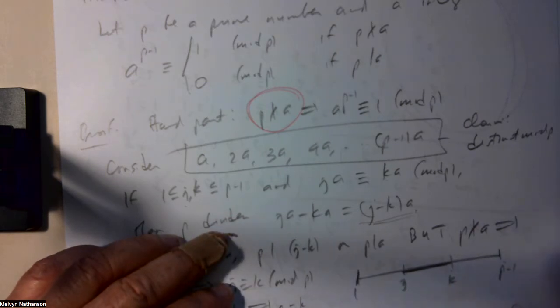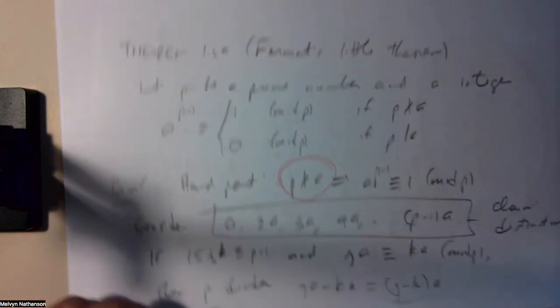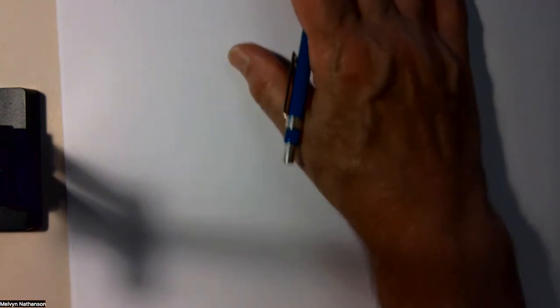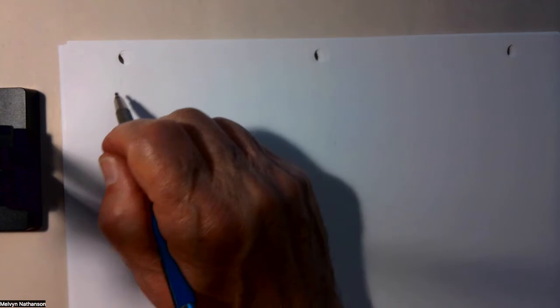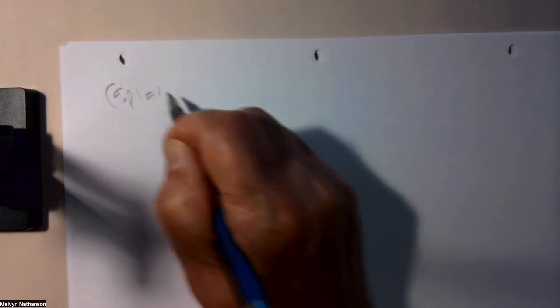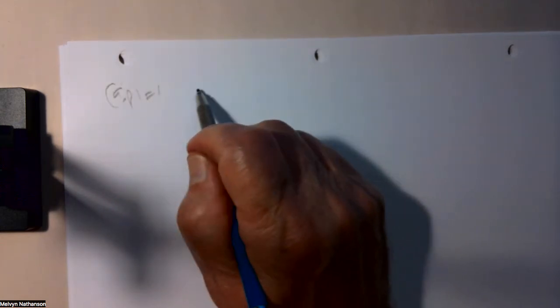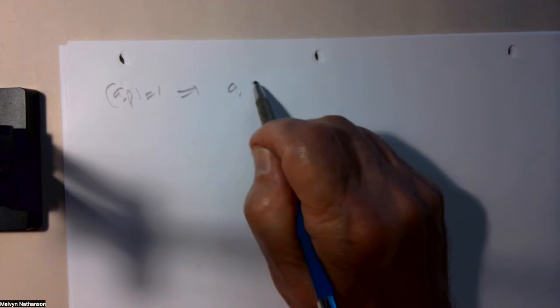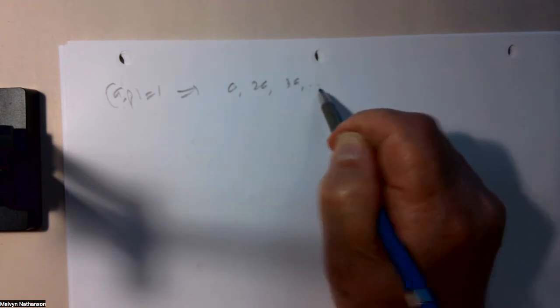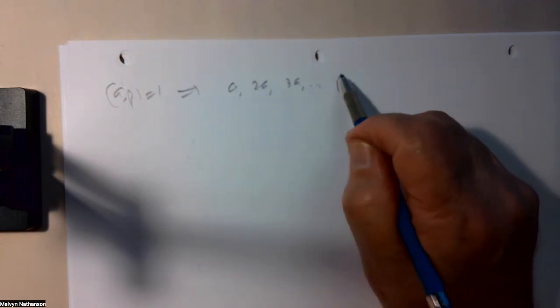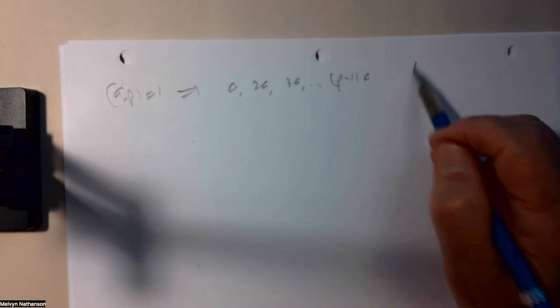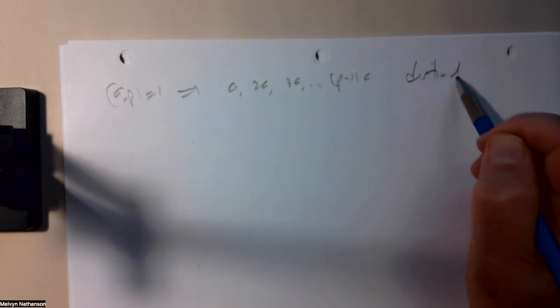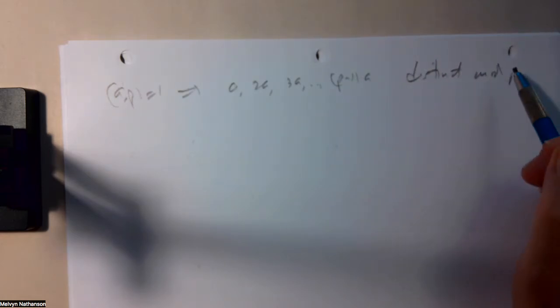Also, they're not divisible by p. So if a and p are relatively prime integers and p is a prime, then a, 2a, 3a up to p minus 1 times a are distinct mod p.